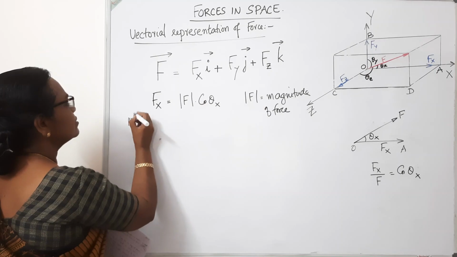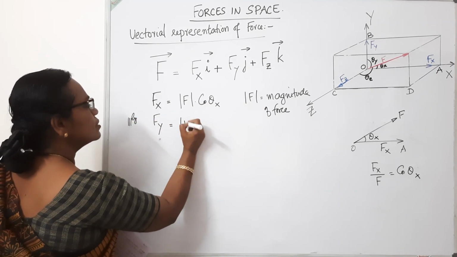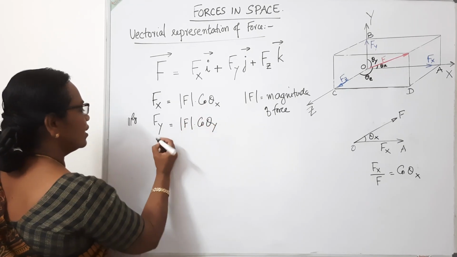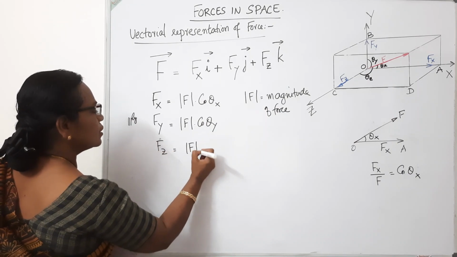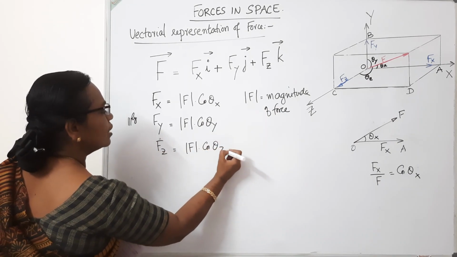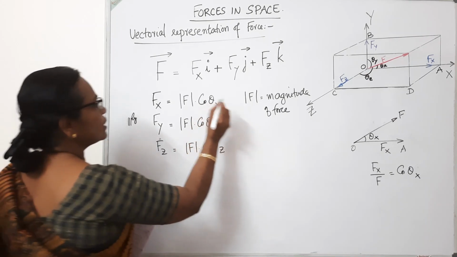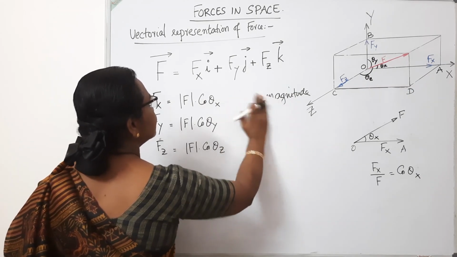On similar lines, I can write Fy, the y component of the force, as mod F cos theta y, and the z component of the force F is equal to F cos theta z.